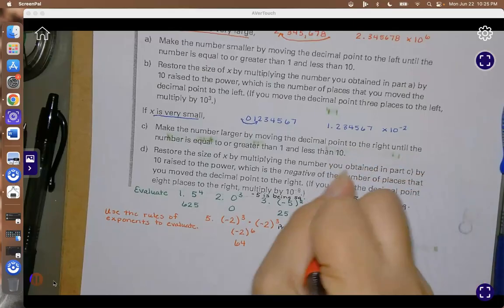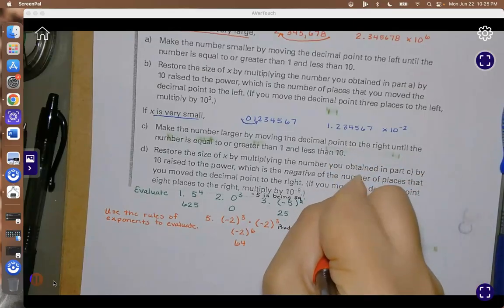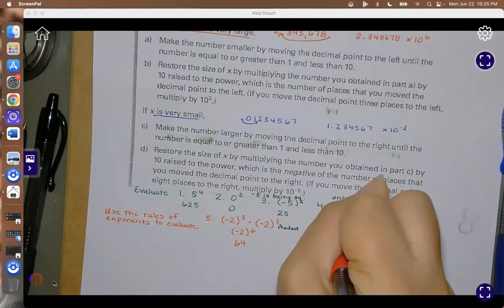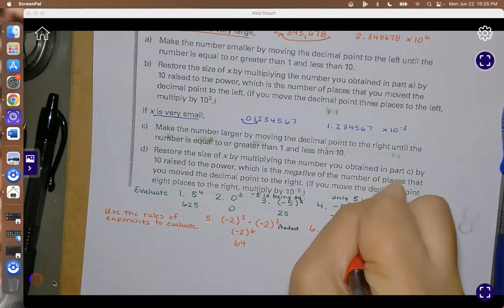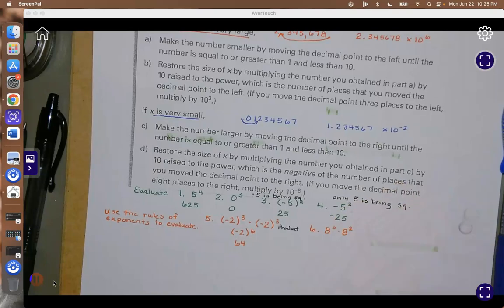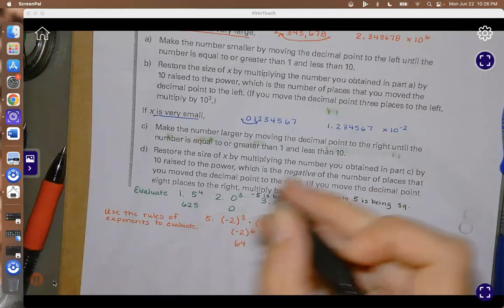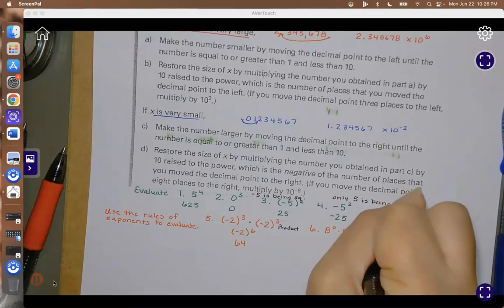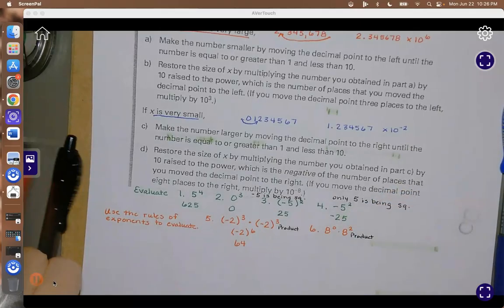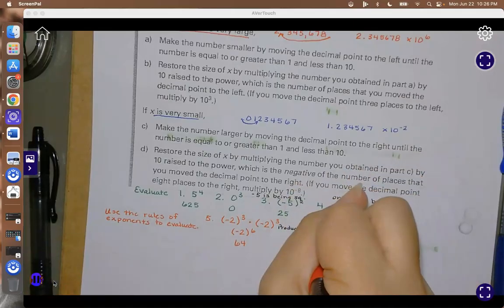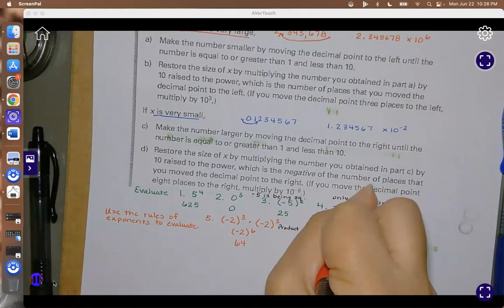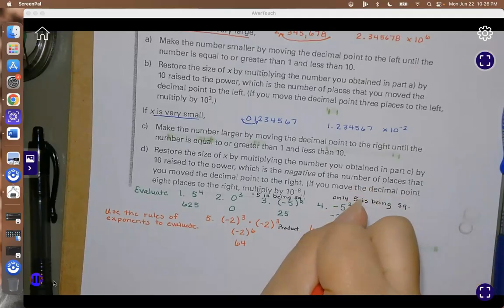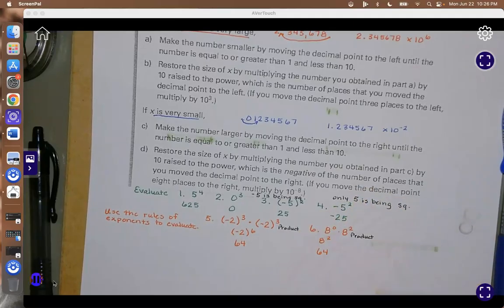Okay. Problem 6. 8 to the 0 times 8 squared. All right. So you're going to do the product rule again. And that's going to mean you add. So that's 8 squared. 8 squared is 64.